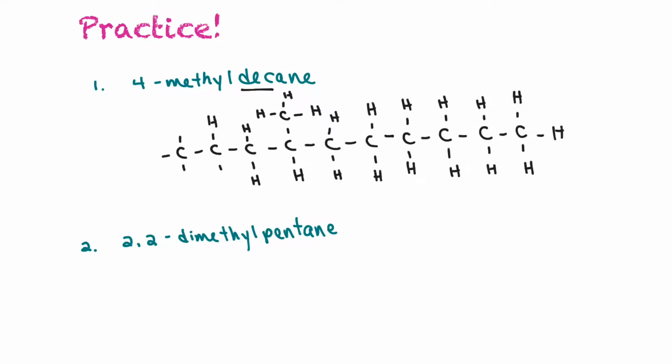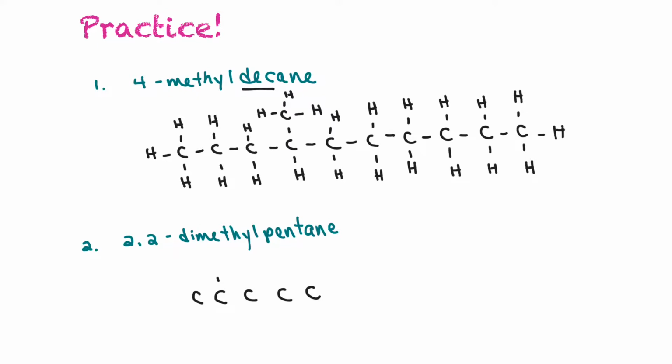You can see this format is a little tedious sometimes. So the next one we're going to practice writing in the collapsed form. In our second example, we're being asked to draw 2,2-dimethylpentane. So we'll draw 5 carbons, like so. And on the second one, there are 2 methyls. So we're going to do CH3 coming off the top, CH3 coming off the bottom, and you'll see that there's no space for any other bonding pairs.